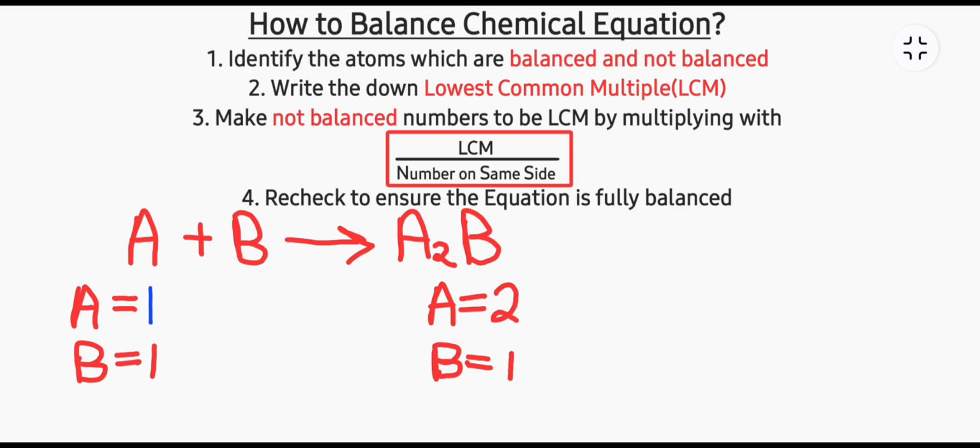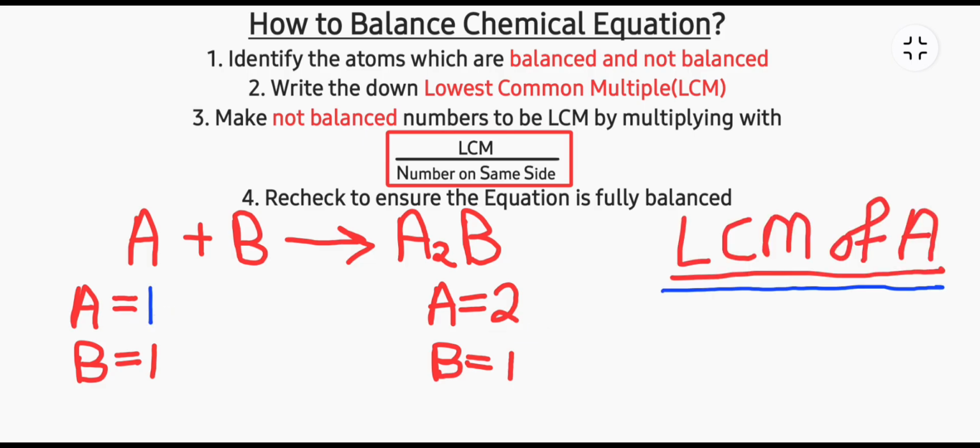So with the one which is not balanced, number 2, write down the lowest common multiple of the one which is not balanced. So A is imbalanced, A is 1 and 2. So I would want to know the LCM of that. So the multiples of 1 are 1, 2, 3, 4, 5.